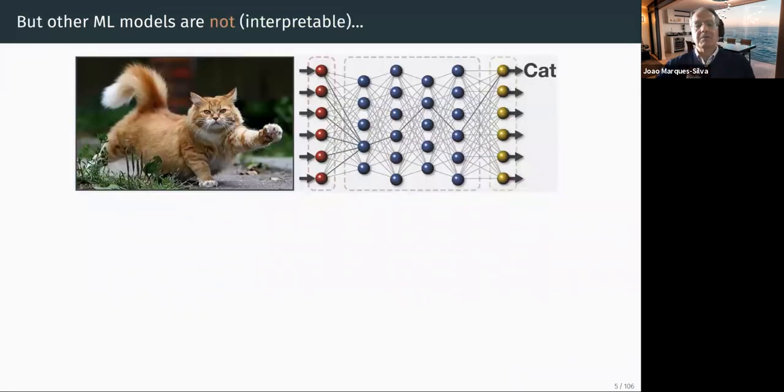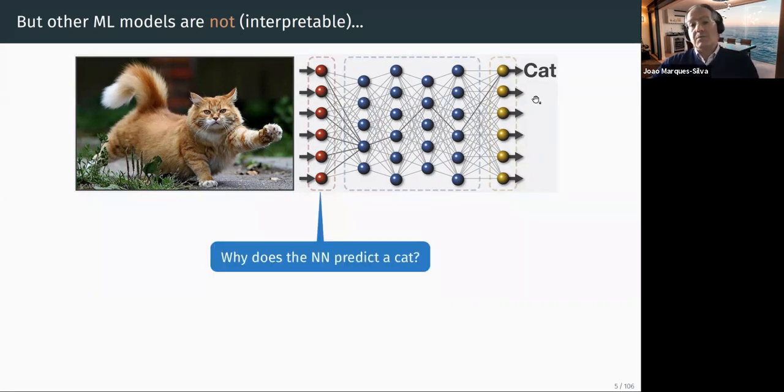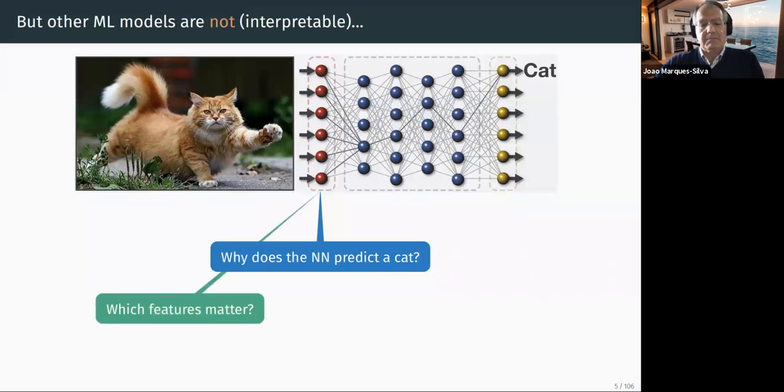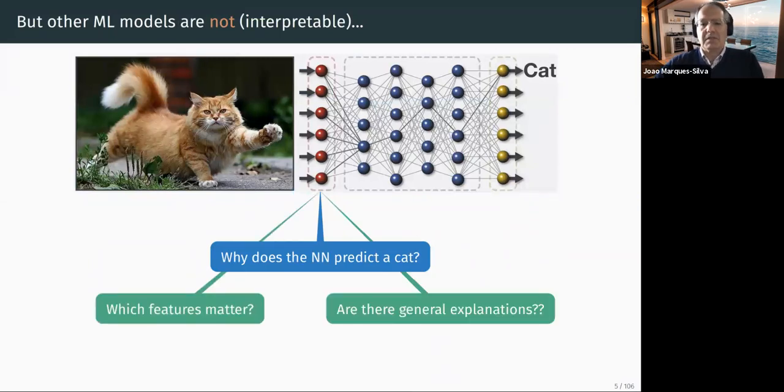Of course, some other models, and usually people consider these to be the most interesting ones, are not interpretable. So the standard example is I have an image of a cat, I have a neural network, and the neural network characterizes the image as a cat. So this is fine. But the question is, why does it predict the image as a cat? What are the important features, and can we come up with general explanations?